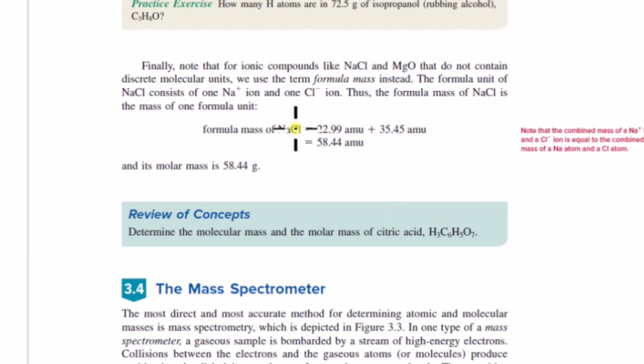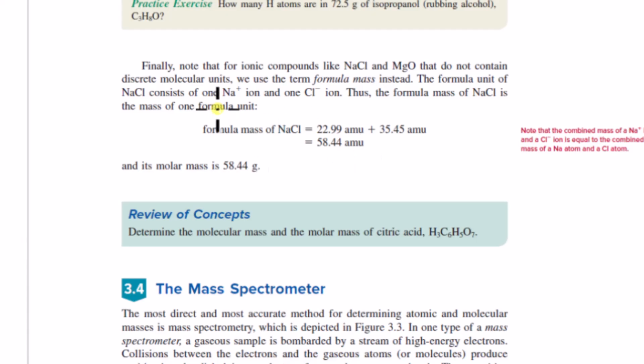Then we calculate that atomic level mass by summing the masses of the atoms in the empirical formula, and we call that the formula mass or the formula weight. So for sodium chloride, you take the mass of a sodium atom and add that to the mass of a chlorine atom, and there's the formula mass of sodium chloride.